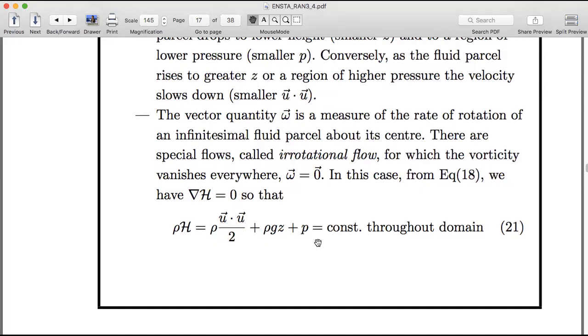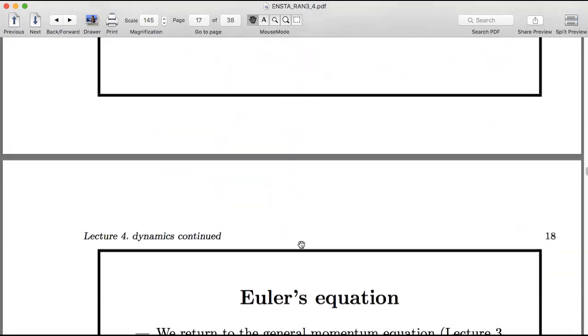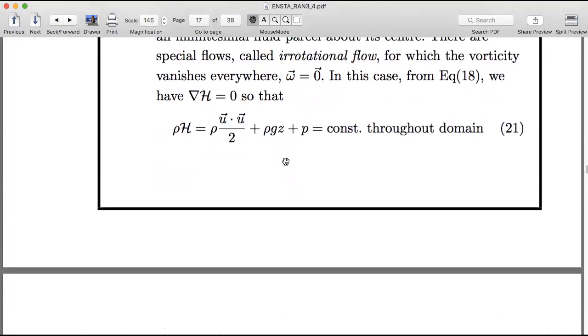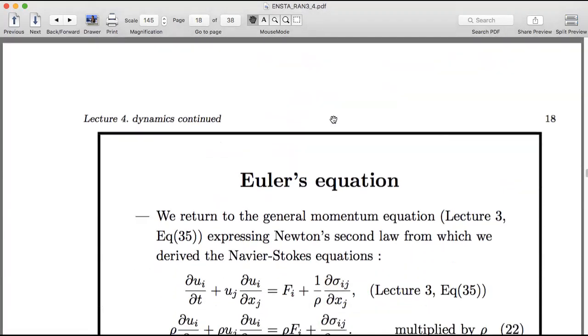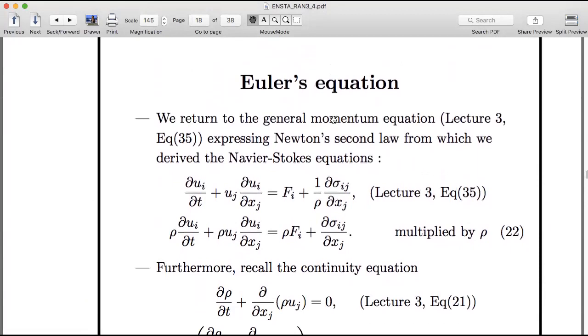So this energy per unit volume, including these three components, kinetic energy of the flow, potential energy, and internal pressure energy, are all constant throughout the domain when it's irrotational flow. Well, I've gone past 10 minutes past the break time, so we're due for a break. So let's pause there.